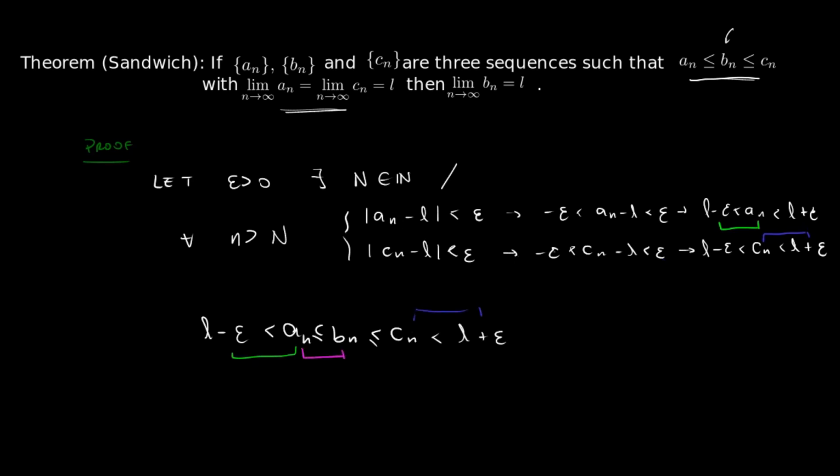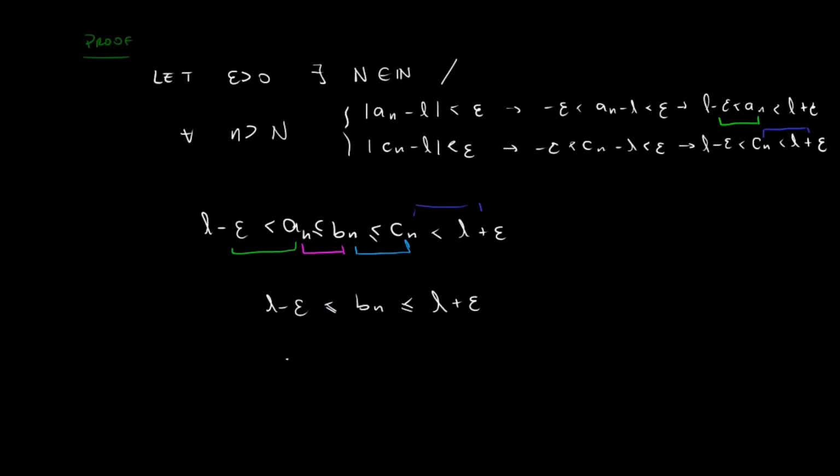A sub n was smaller than B sub n because of our hypothesis. And B sub n was smaller than C sub n also due to our hypothesis. So now L minus epsilon is smaller than or equal to B sub n, which is also smaller than or equal to L plus epsilon. Subtracting L, we get that minus epsilon is smaller than or equal to B sub n minus L, smaller than or equal to epsilon. And we can rewrite this as the absolute value of B sub n minus L smaller than epsilon.